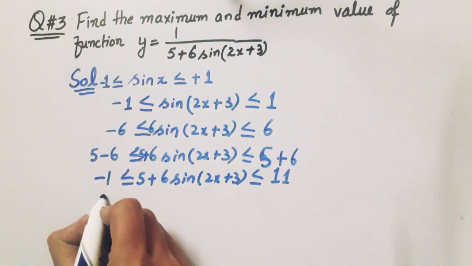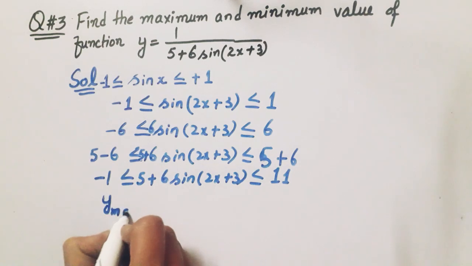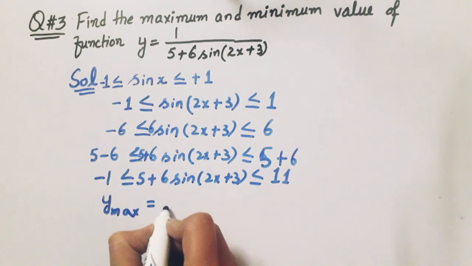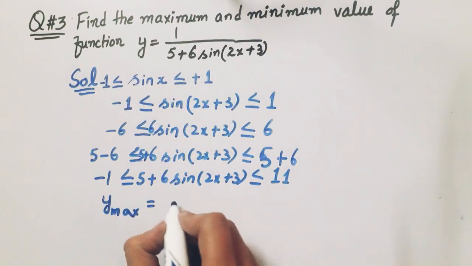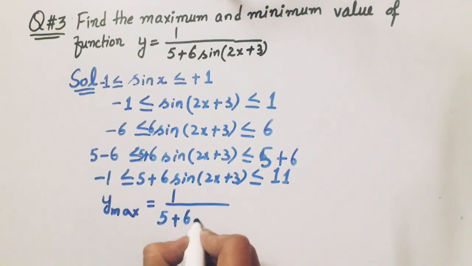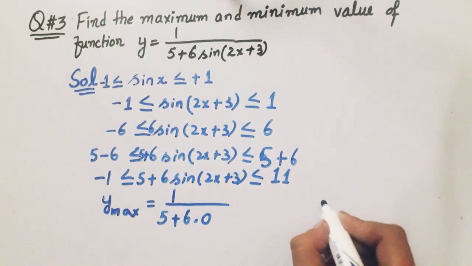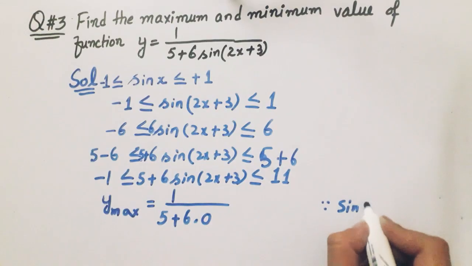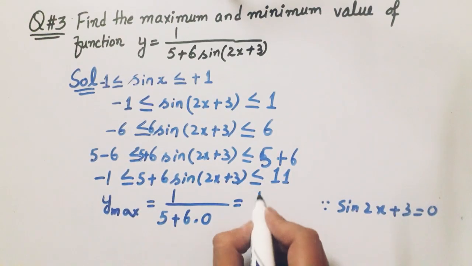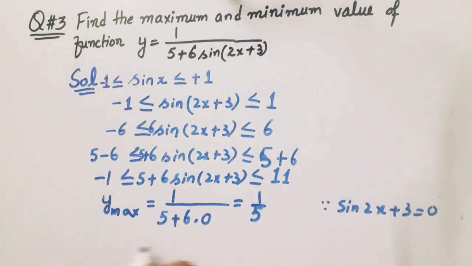So we will find y maximum such that this will be maximum when sin(2x + 3) is equal to 0. So 1 over 5 plus 6 into 0, since sin(2x + 3) is equal to 0. So y maximum is equal to 1 over 5.